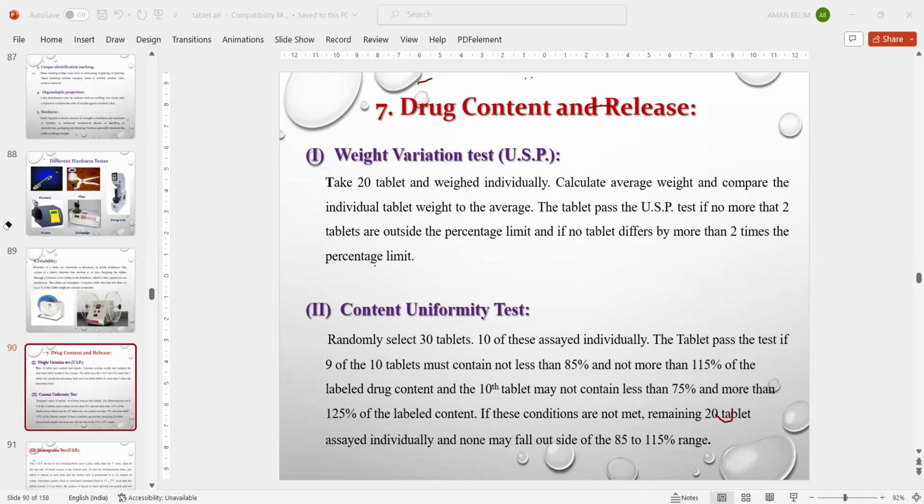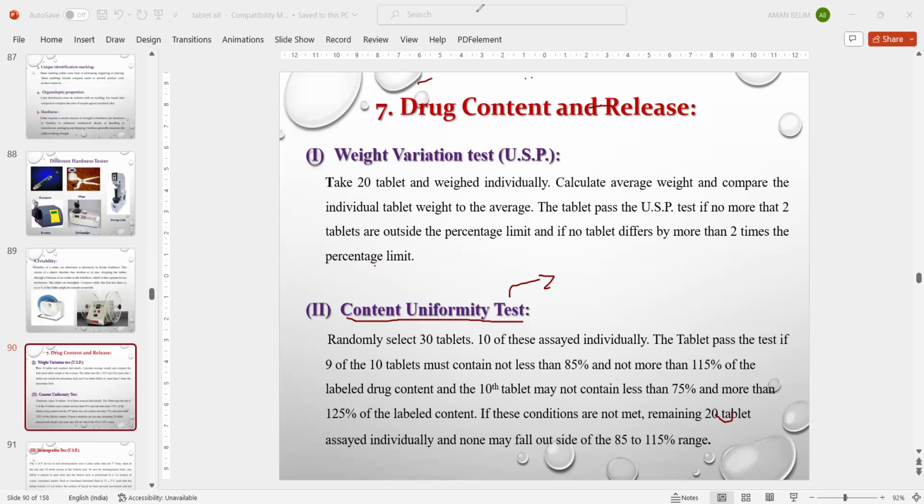Now we move towards the content uniformity test for the tablets. One more important thing: what are the criteria for whether you have to perform the content uniformity test or not?